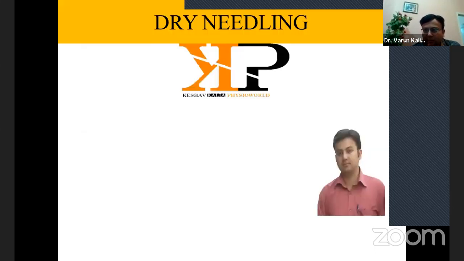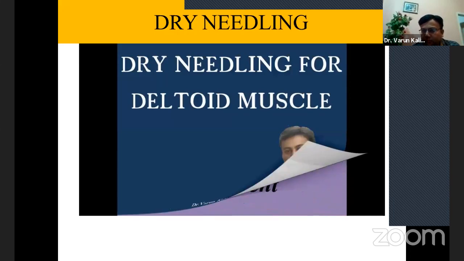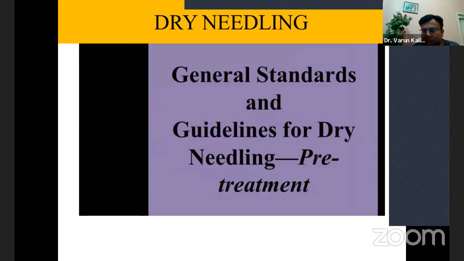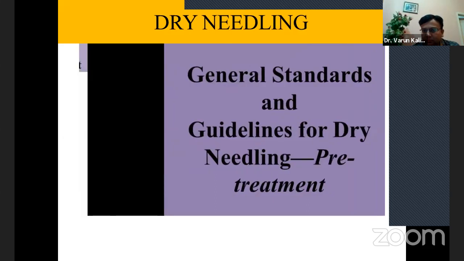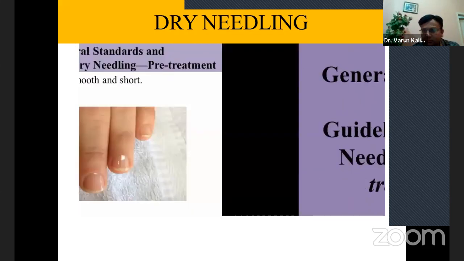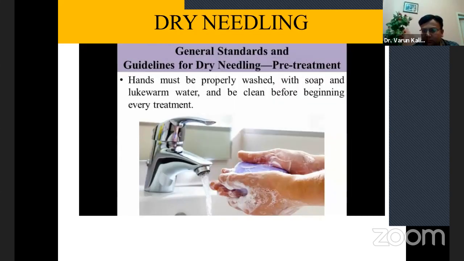Dry needling for deltoid muscle. First of all, before starting any dry needling session, let us see the general standards and guidelines we have to follow. Nails should be smooth and short before giving dry needling. Wash hands with soap and lukewarm water.